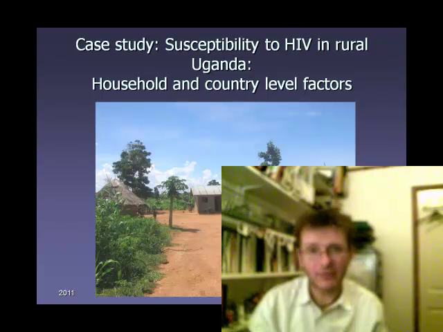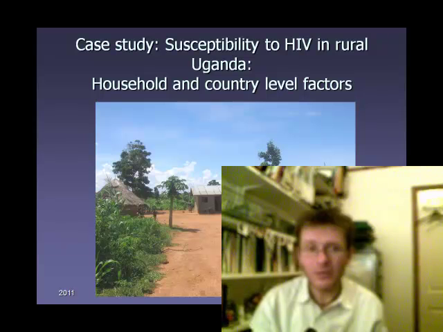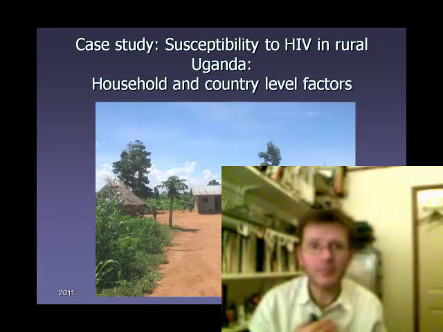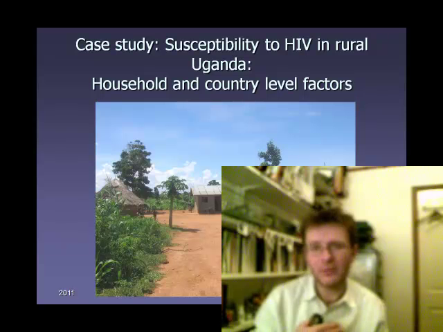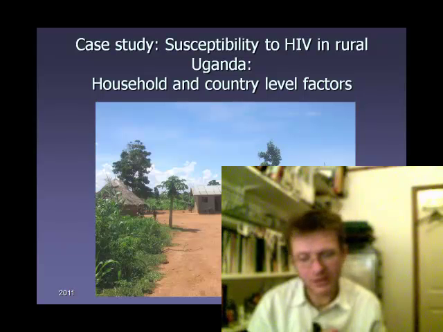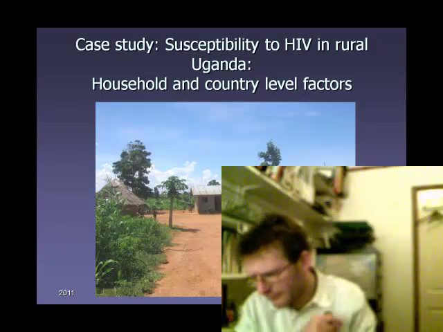So the man would travel away, he would come home, and even if the woman suspected that he may have been having extramarital affairs, she had no power to demand any action by him. She had no power to ask him whether they should use a condom or not. So she was very susceptible and at risk to catching the virus in that way.